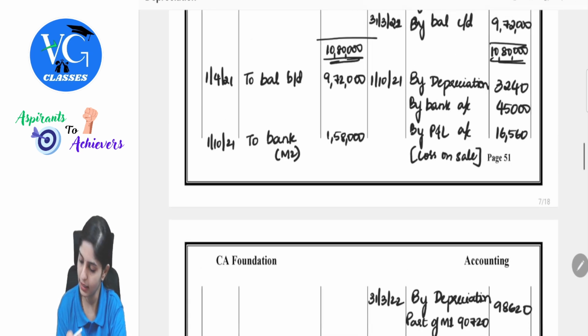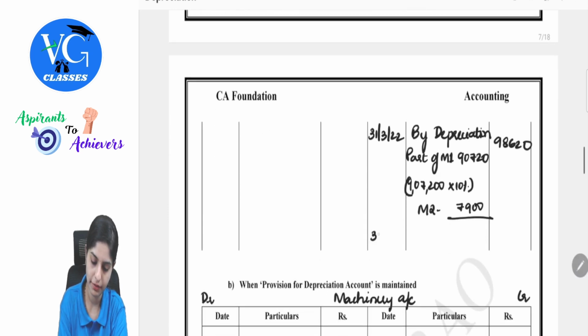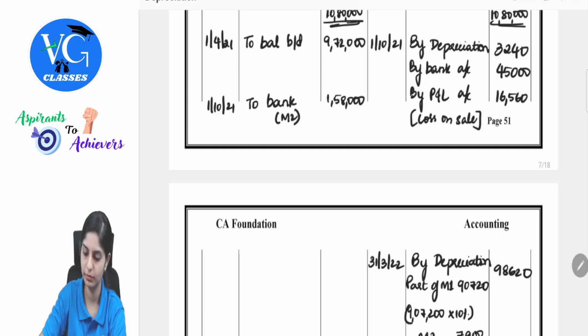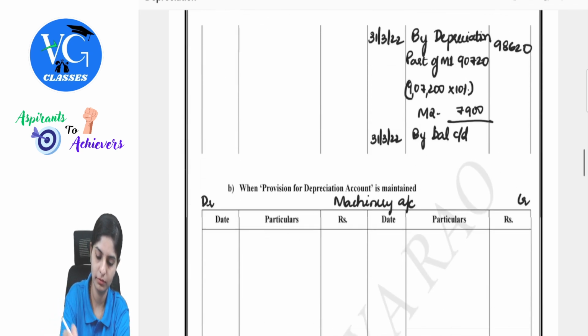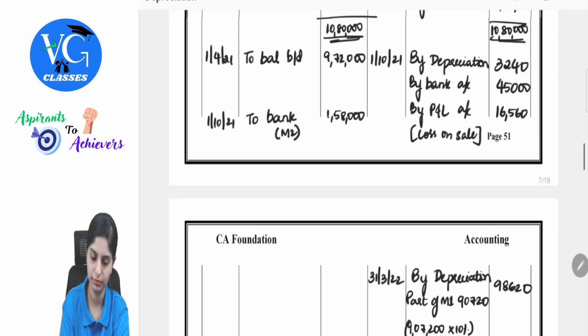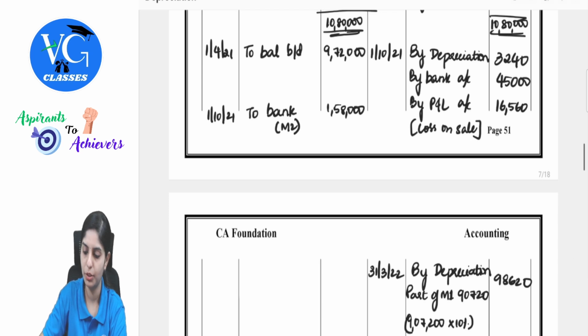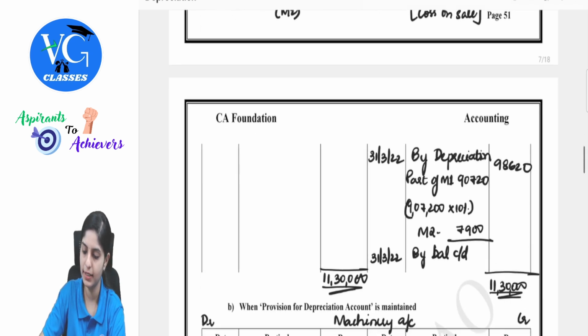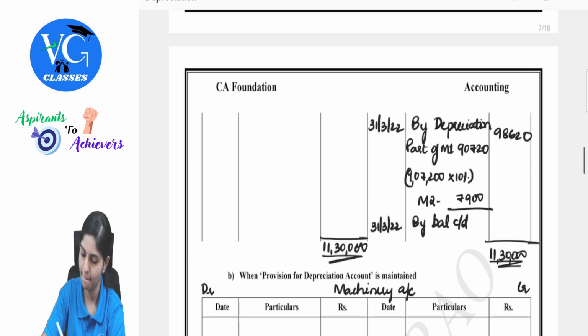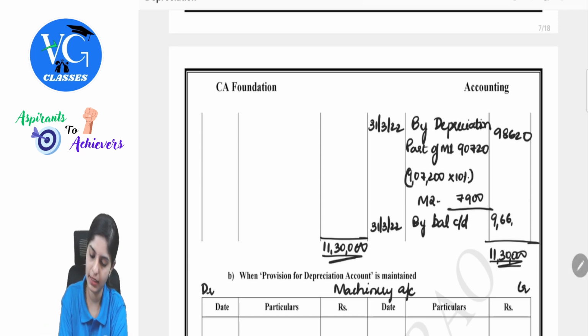This is your details which has been recorded. Now 31st March 22, by balance carried down, 3240 minus 45,000 minus 16,560 minus 98,620, 9,66,580.